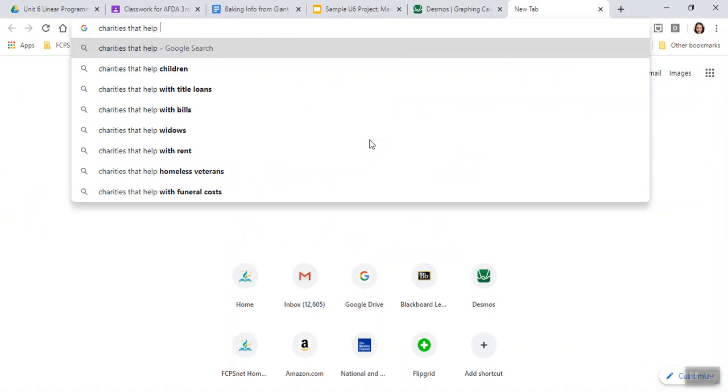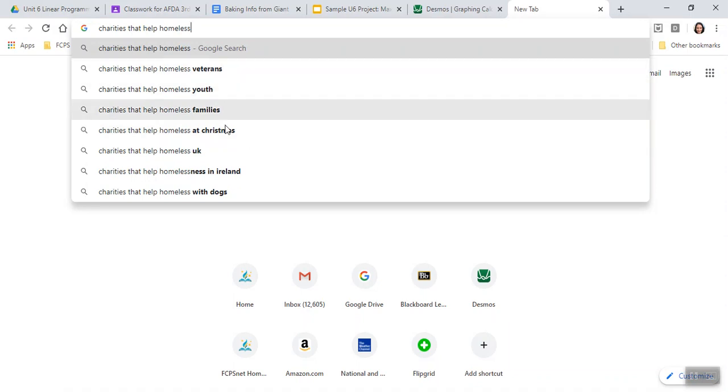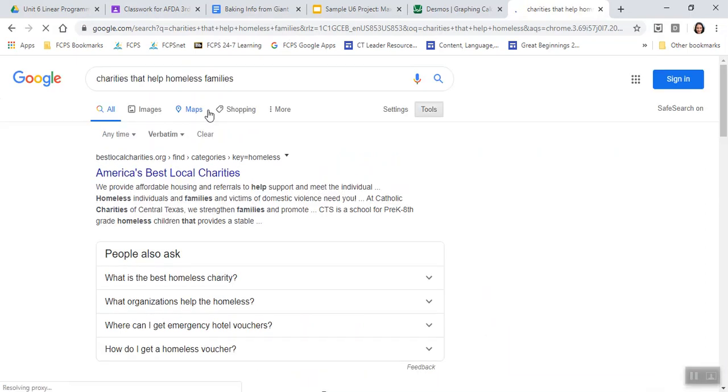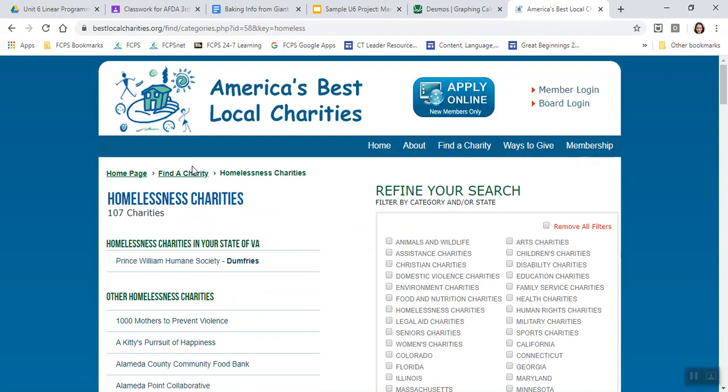Dogs, you could put children, you could put homeless, and then you can look at these here. Which one would be interesting to you? Maybe homeless families. Okay, and see if you can find a list of charities to choose from.